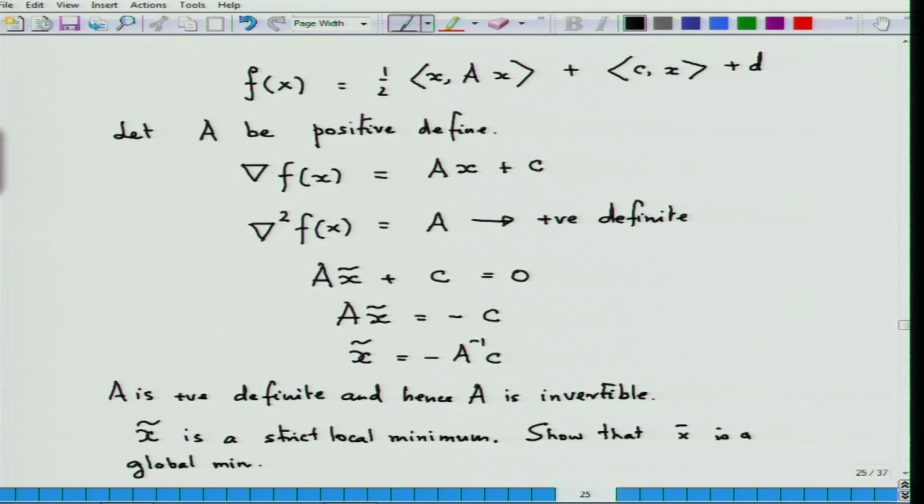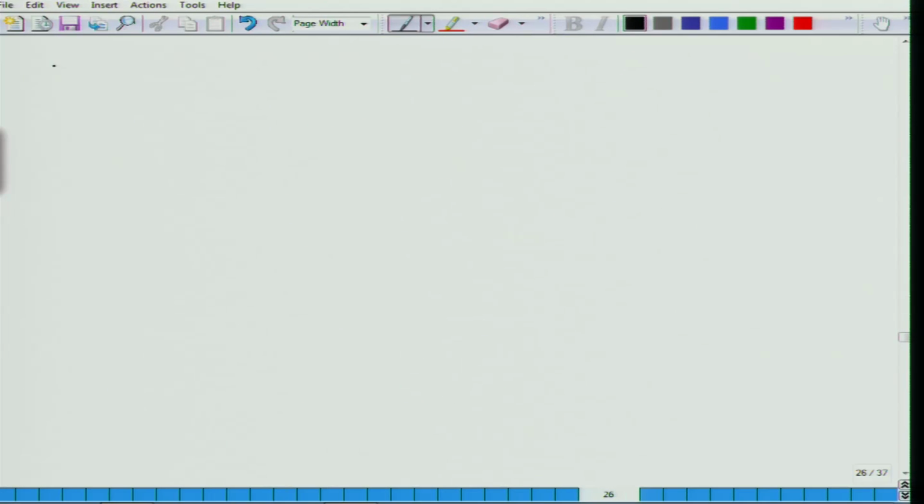This particular thing brings us to this very important question: when can we know that a critical point is a global minimum?